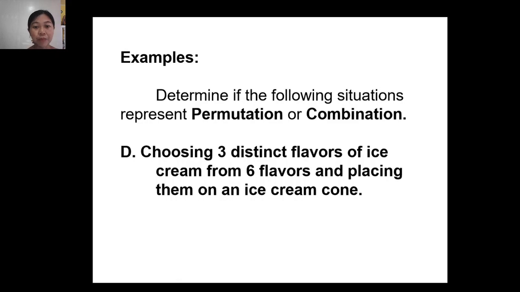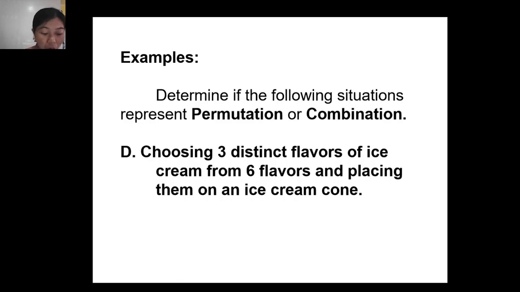Next, letter D. Choosing 3 distinct flavors of ice cream from 6 flavors and placing them on an ice cream cone. Okay. Ito kayang situation sa letter D ay magiging permutation or combination. So, let us analyze.